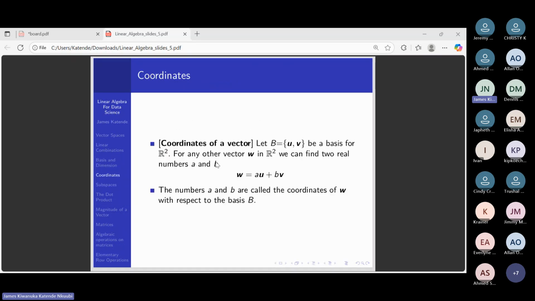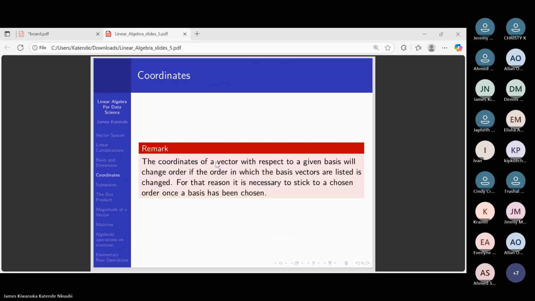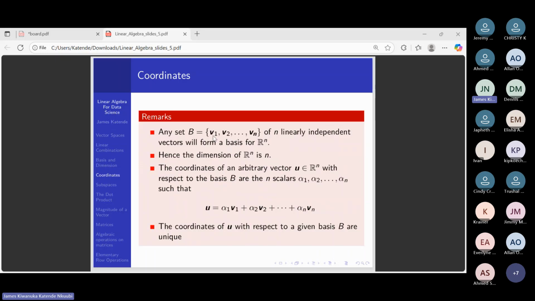So here we have already determined that this set of vectors is linearly independent. Here U is not considered as part of this set. U is just a different vector. So what we're interested in is writing U as a linear combination of the other n vectors.